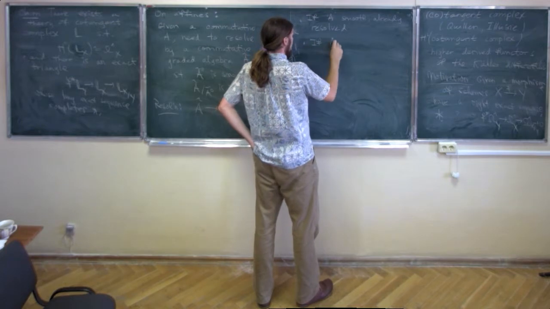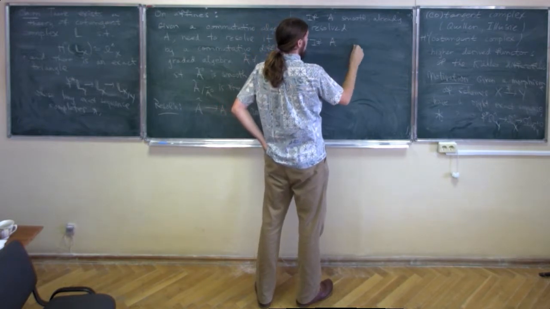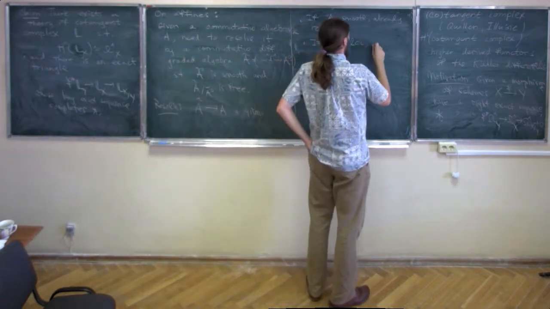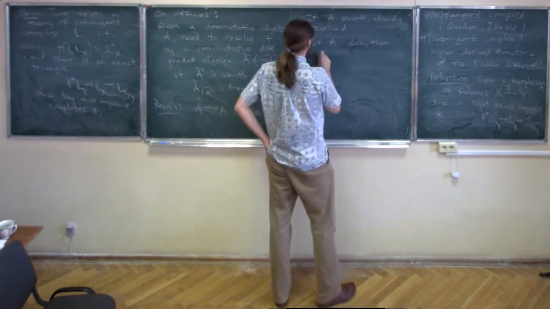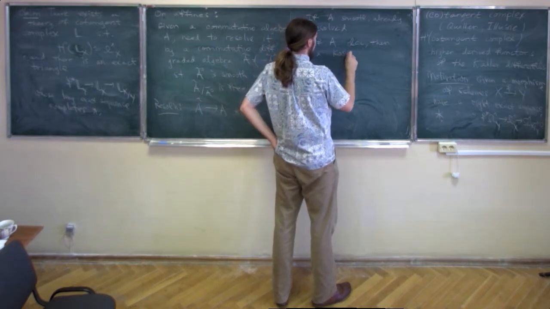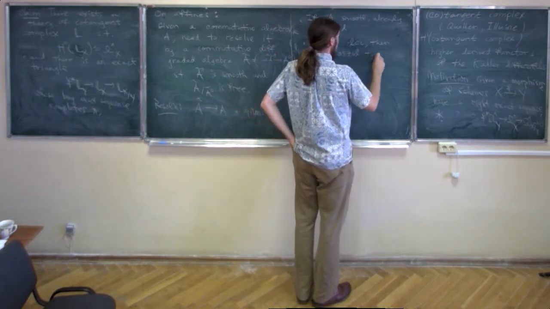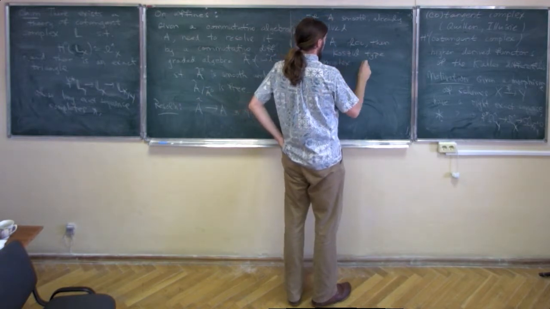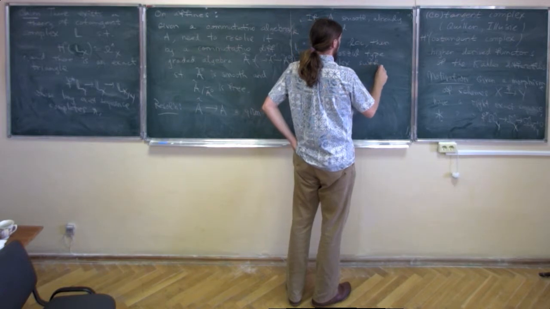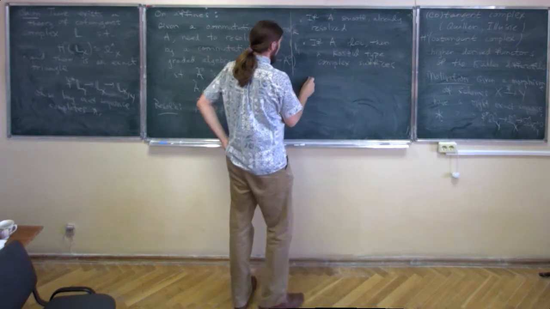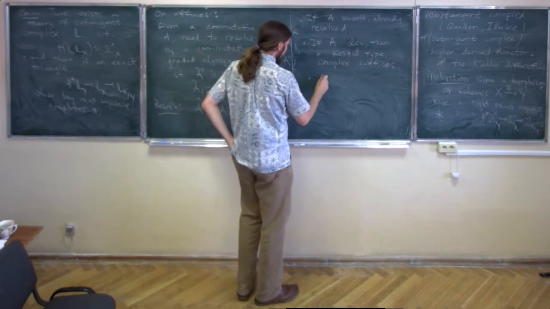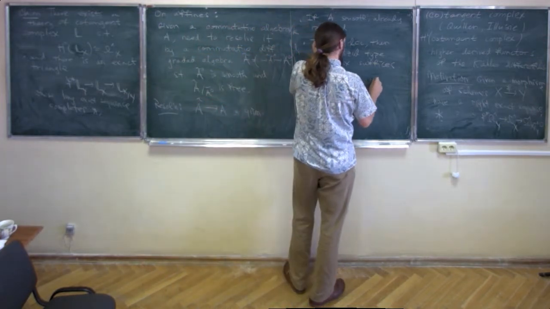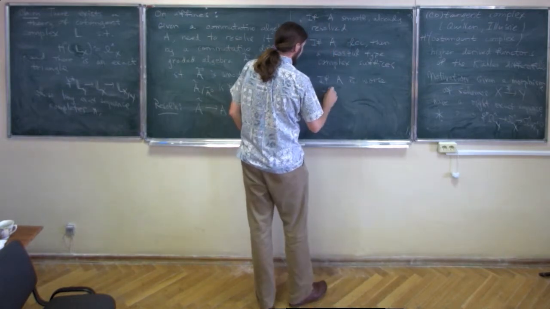If A is a complete intersection, or local complete intersection, then a Koszul type complex will work. But if A is worse, it's a fact that there's no finitely generated resolution.